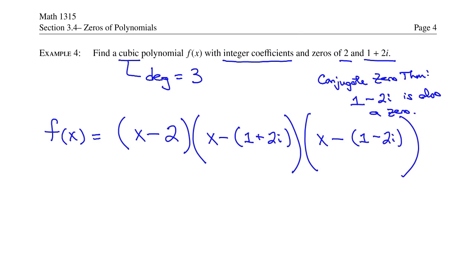And now we just simply have to multiply this together. Now this looks like a daunting task, but there is a little trick that you can use to help you simplify this. First, let's leave the first factor alone, x minus 2.